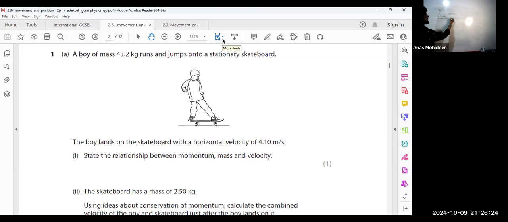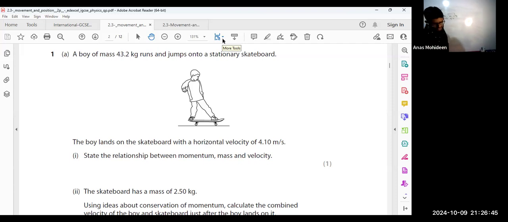And the skateboard was at rest. Starting velocity was 0. Let me take it as V1, and this is 0 velocity, right? The skateboard has a mass of 2.5 kg.